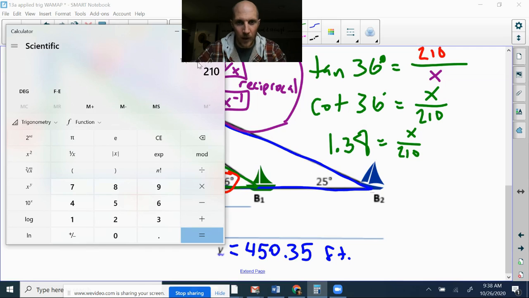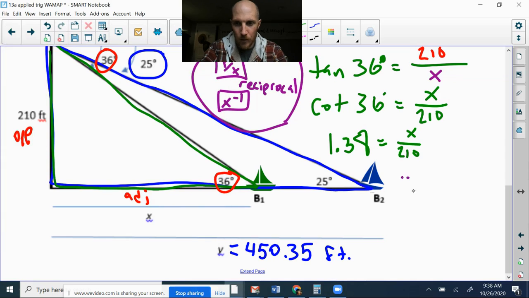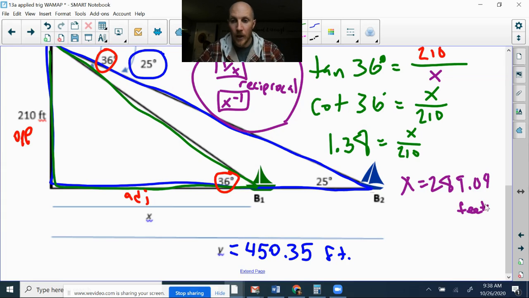So the reciprocal of tangent was, yeah, I got cotangent multiplied by 210. Great. Whew, thought I hit a weird button on the calculator. So 289.04 feet. Okay, so that is, I should write that in green. That is my green distance.